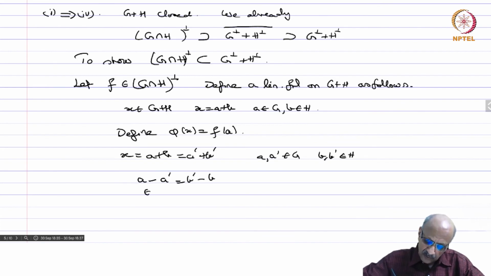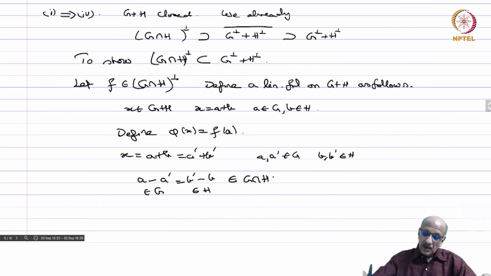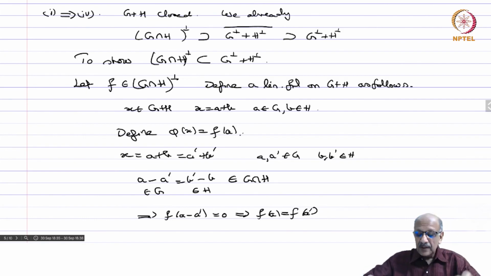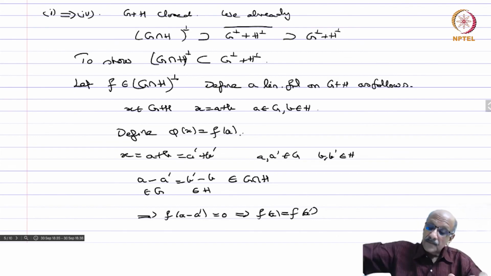So this belongs to G, this belongs to H, and so this belongs to G intersection H. But f belongs to G intersection H perp, and therefore f of a minus a dash equals 0, which implies that f of a equals f of a dash. So whatever decomposition you take, phi x equals f of a will always be the same. Therefore this is a well defined linear functional.